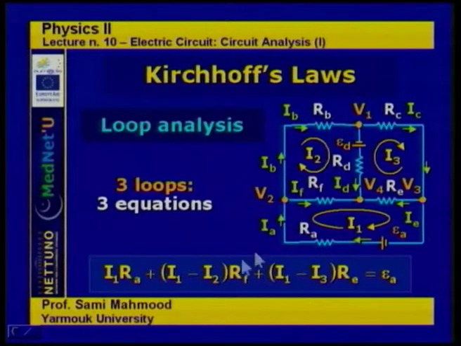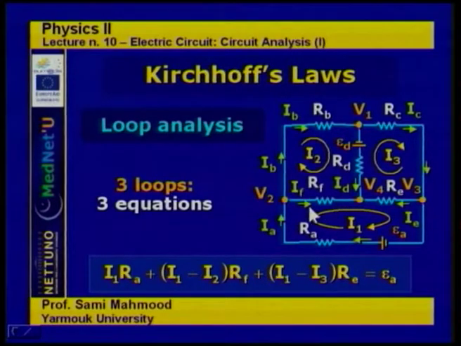So in this case, let's go through loop one. We have I1 times, we go with the assumed direction of the loop current. So I1 is flowing in RA, I1 RA, and then in RF, we have two currents flowing, the current from the first loop and the current from the second loop.